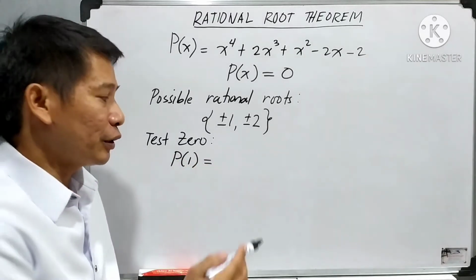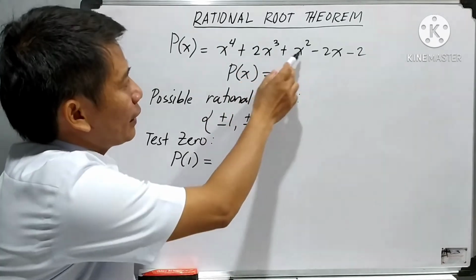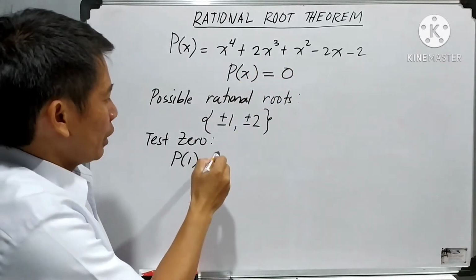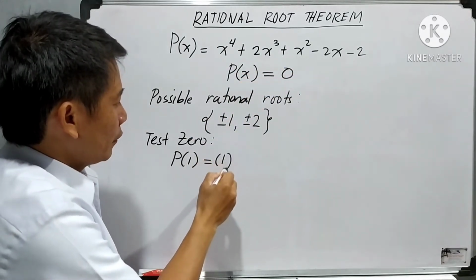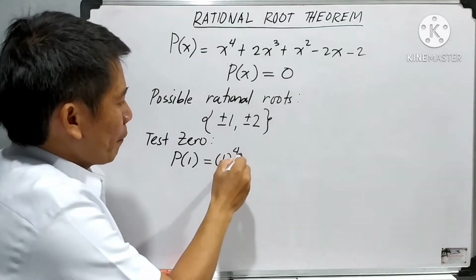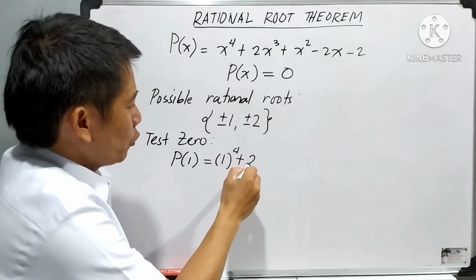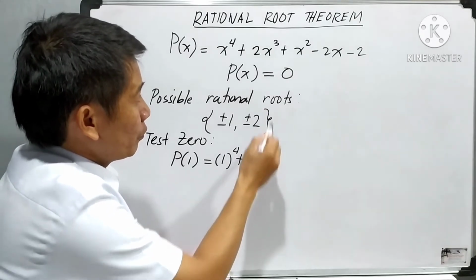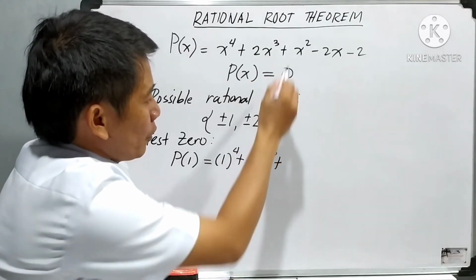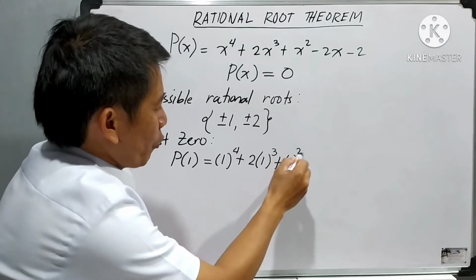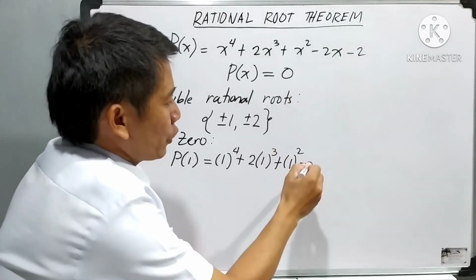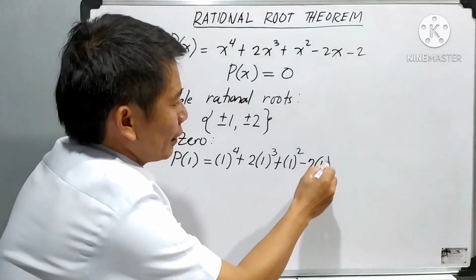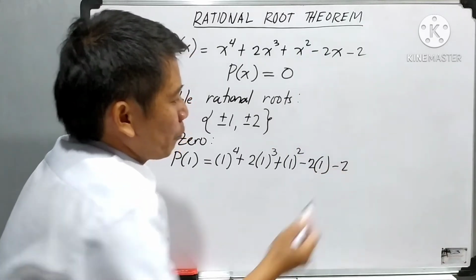So let's start with p of positive 1, or 1. All you need to do is to replace our variable x here with 1. So we'll have 1 raised to 4 plus 2 times 1 cubed, plus 1 squared, minus 2 times 1, minus 2.